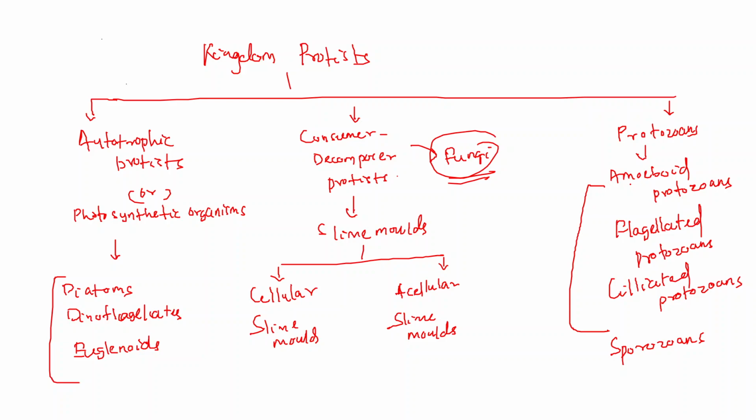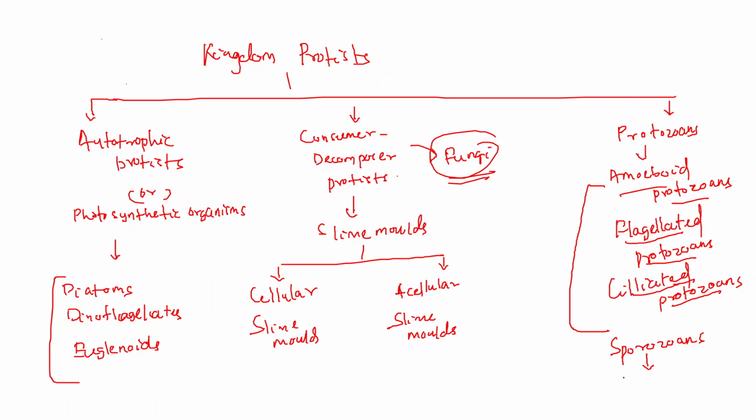Those protozoans which have the power to locomote through pseudopodia are known as amoeboid protozoans. Those which have flagella are known as flagellated protozoans. And those which have cilia are known as ciliated protozoans.